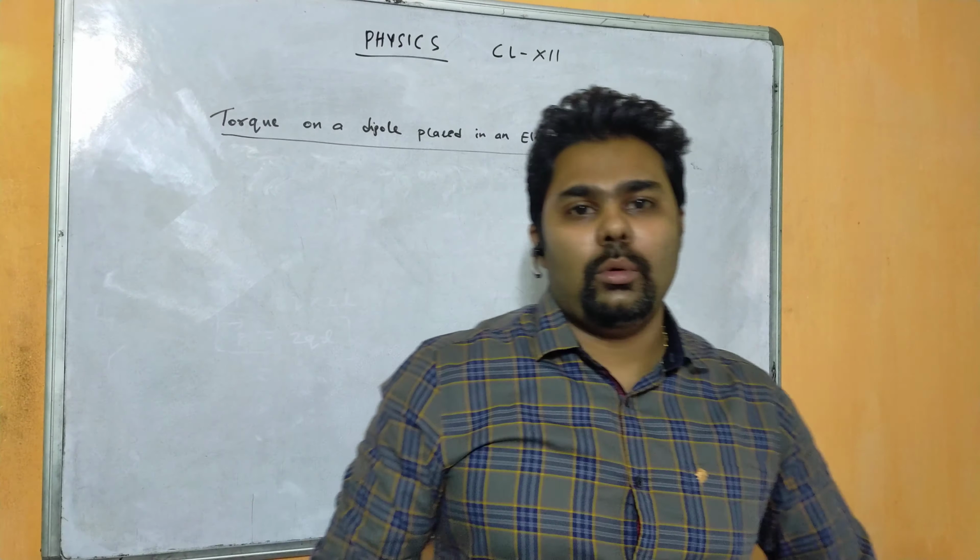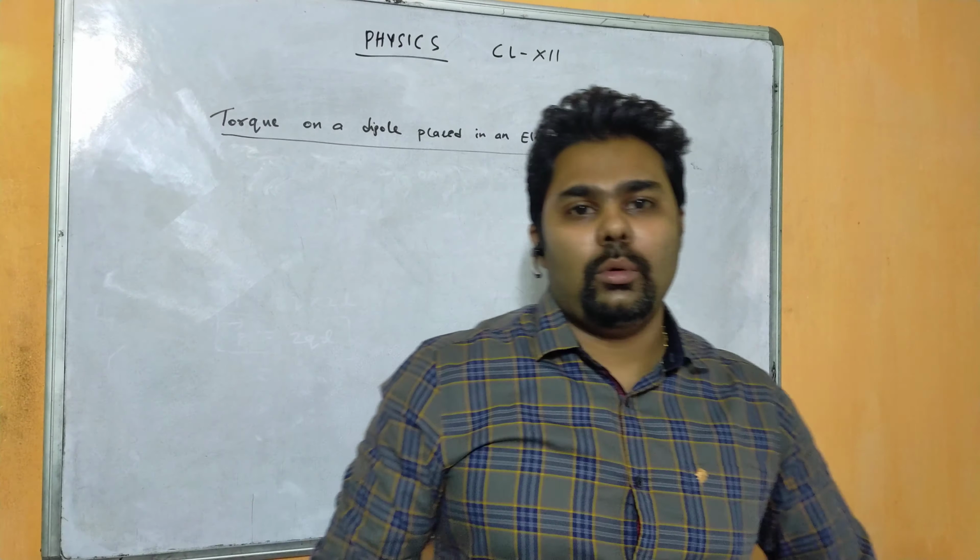You see the dipole moment is given by 2LQ, where L is the length of the dipole, which is given here as 1 centimeter. So 1 centimeter means 1 by 100 meter, that is 10 to the power minus 2, and 2 is there, and Q is 2 microcoulomb here, right?